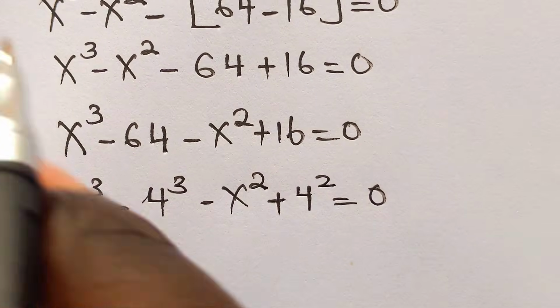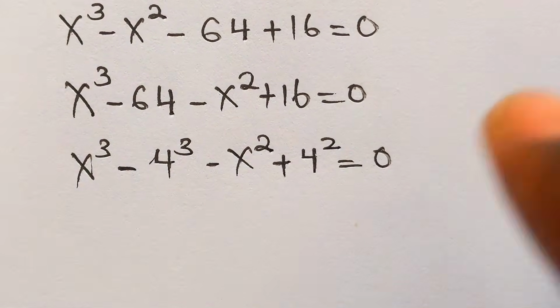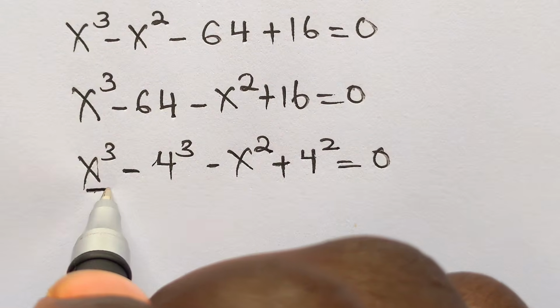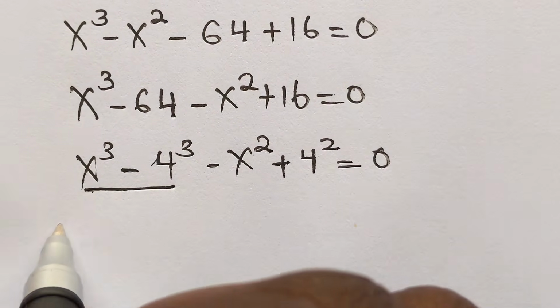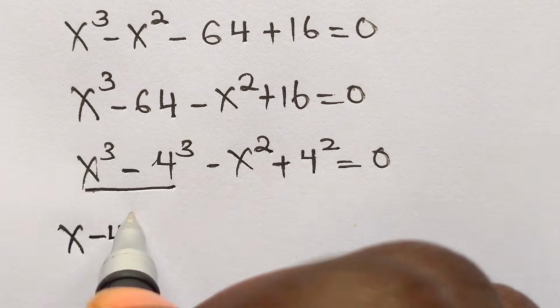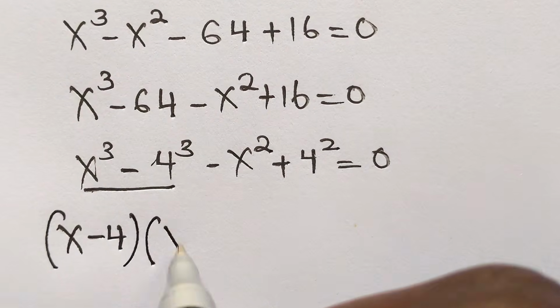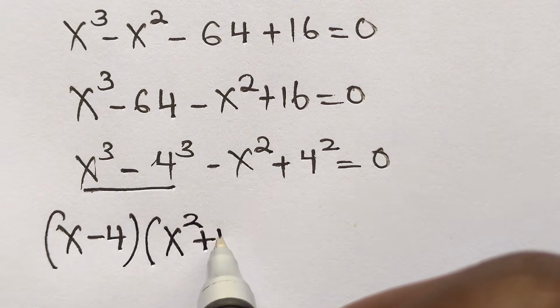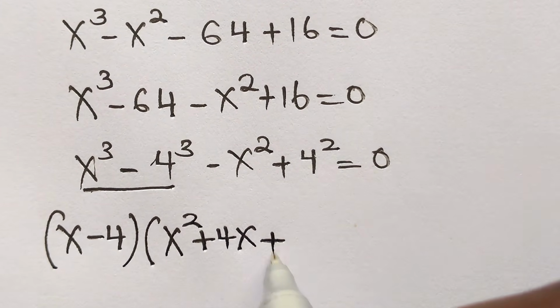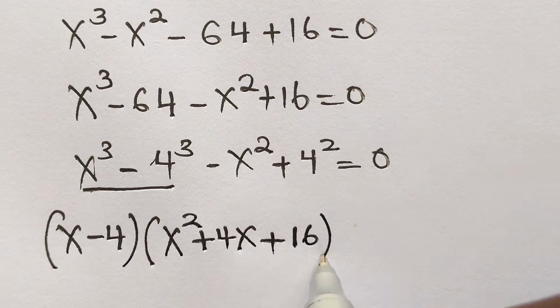Then at this stage, for this one we shall say x minus 4 times x squared plus 4x plus 4 squared, which is 16.